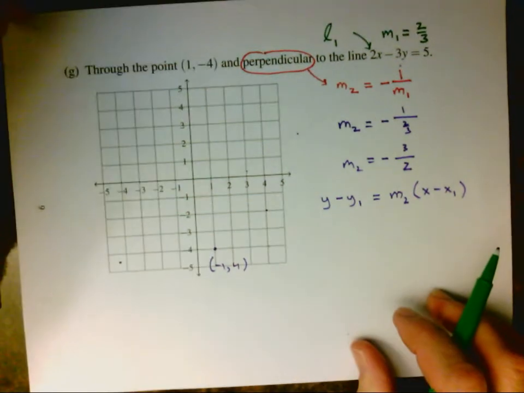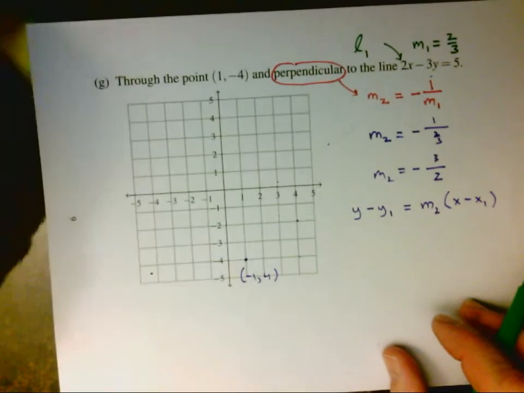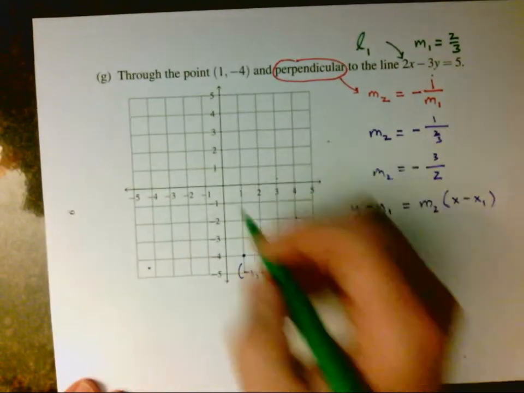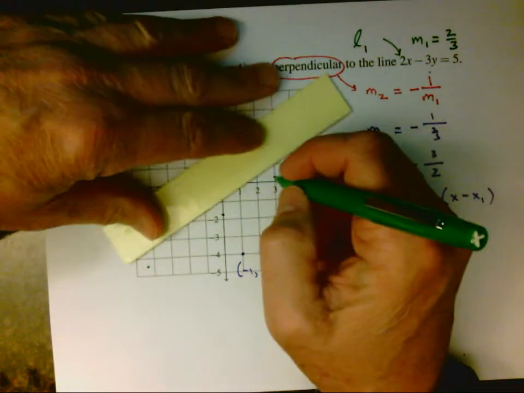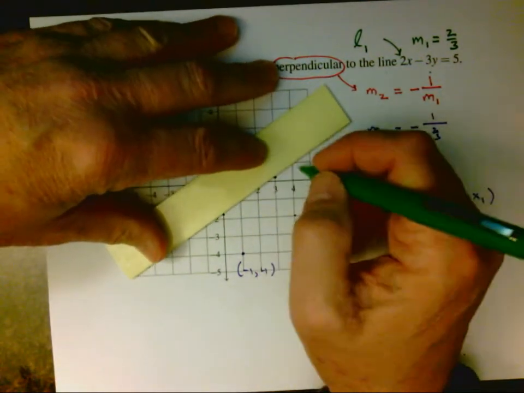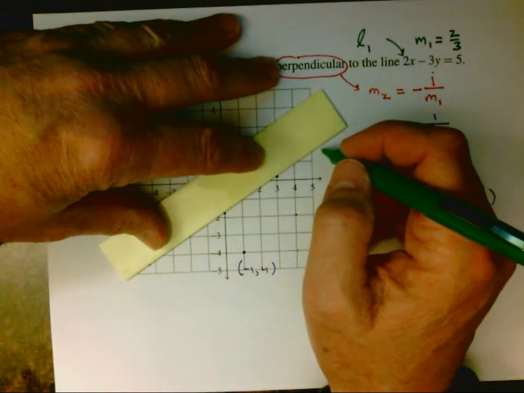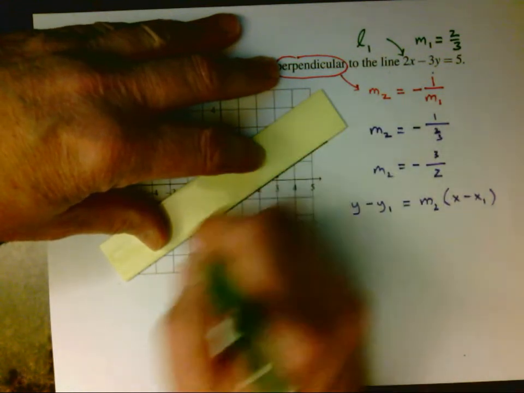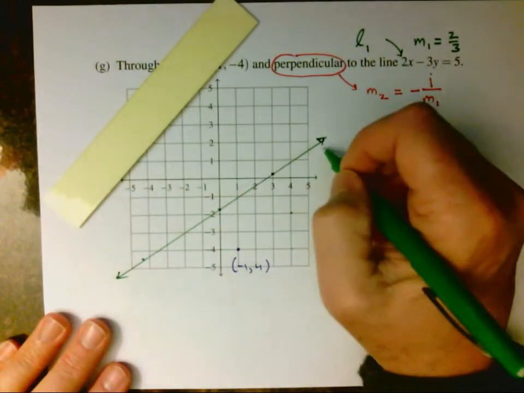Remember that our original line L1 is about there and about there. So that's L1.